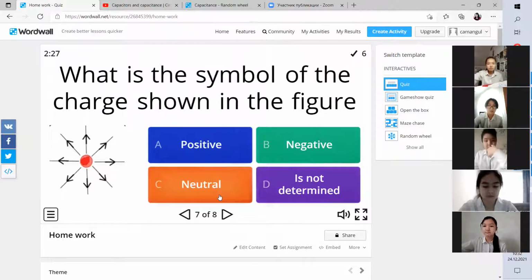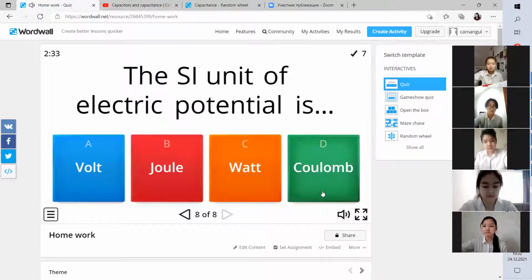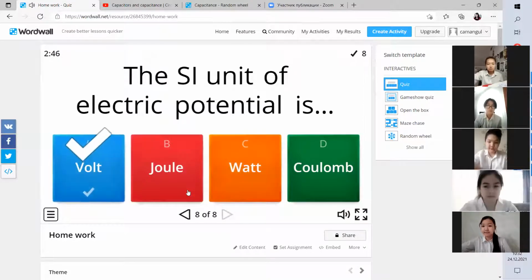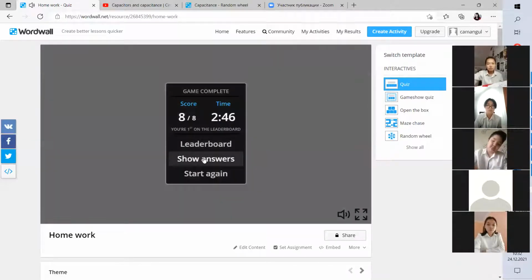It's positive A. Charge, yes? Right. Alima, it is your turn. The unit of electric potential is volt, A. Yes, it was. Well done. All is correct. Thank you. Well prepared.